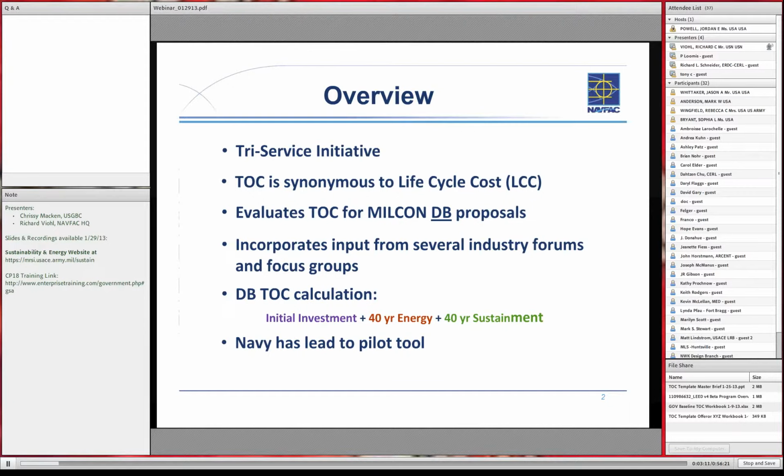And the initiative was to try to come up with a way to measure the total ownership costs of competing design-build proposals when we get them in as part of the technical evaluation.